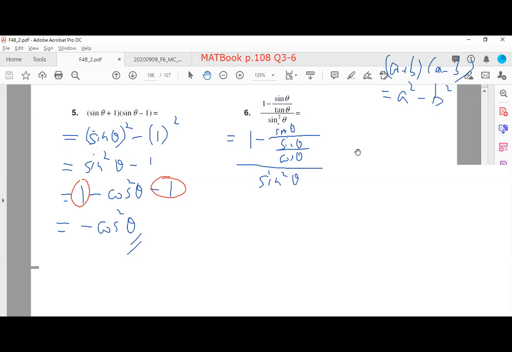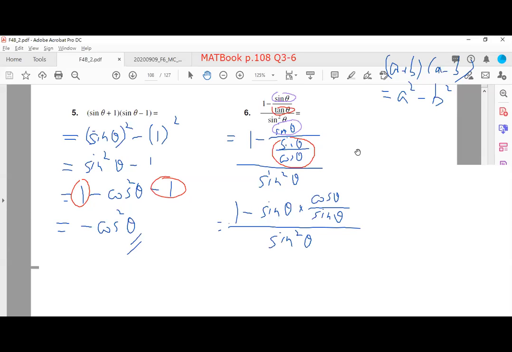So I'm going to change this to be this. But this is layers of fractions. The upper one is sine theta, and then the lower one is sine over cosine. When we are going to simplify this, we need to change this to be sine theta multiplied by the upside down, cosine theta over sine theta, and then divided by sine square theta.